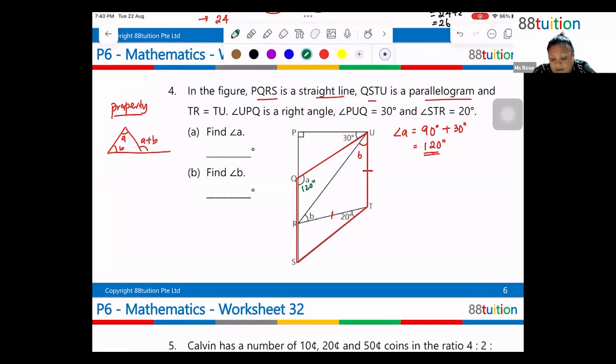Anyone? Because this is a parallelogram, this angle RST is equal to 180 minus 120, to give me 60. Do I need this?